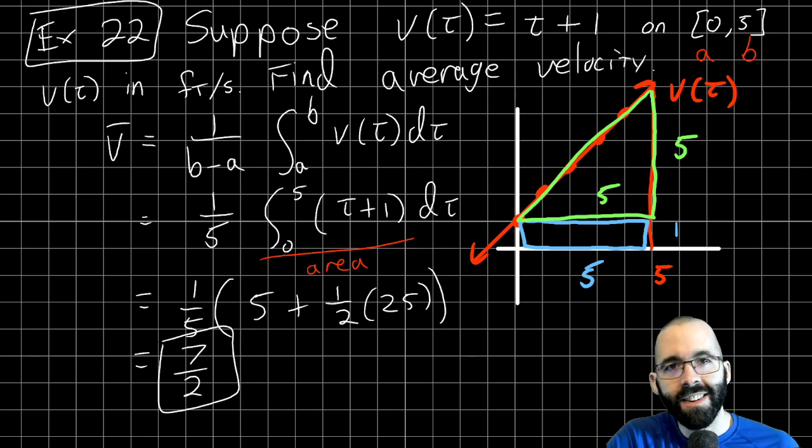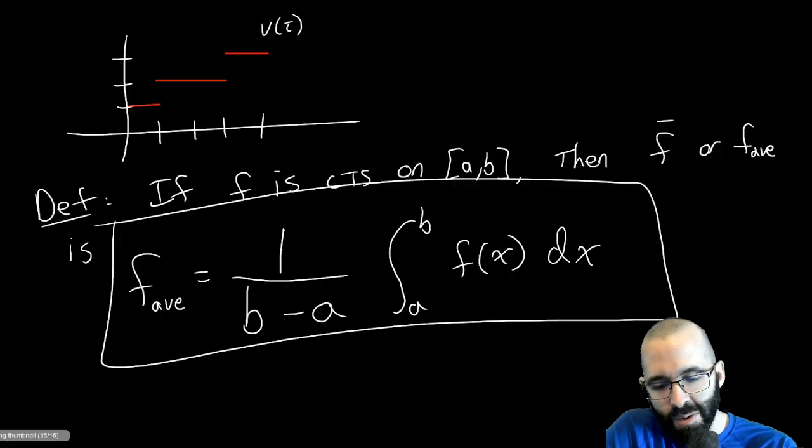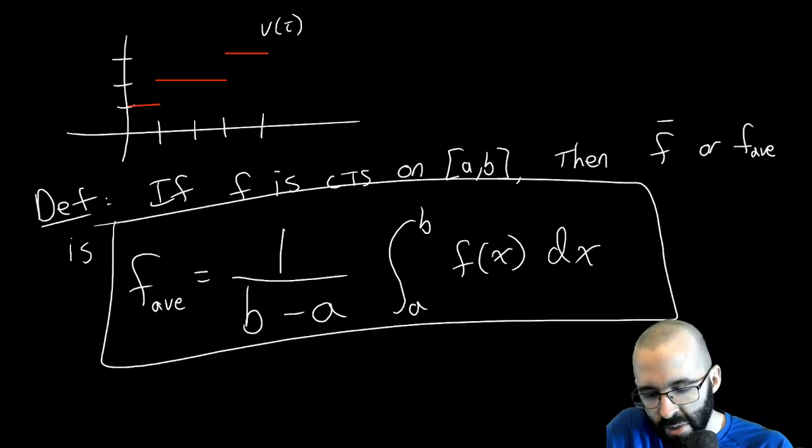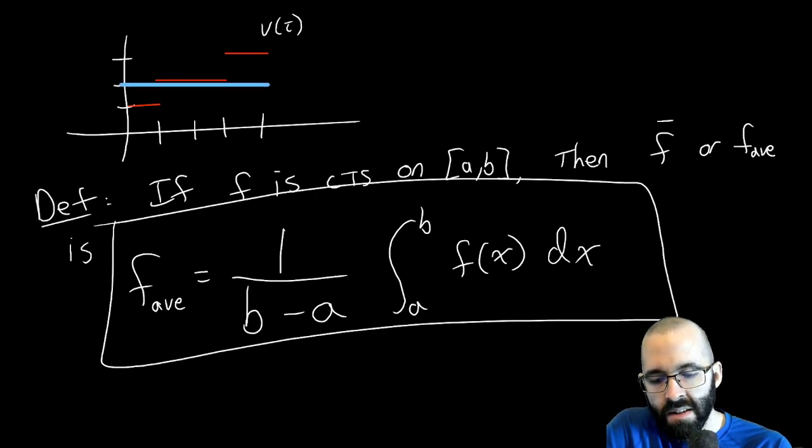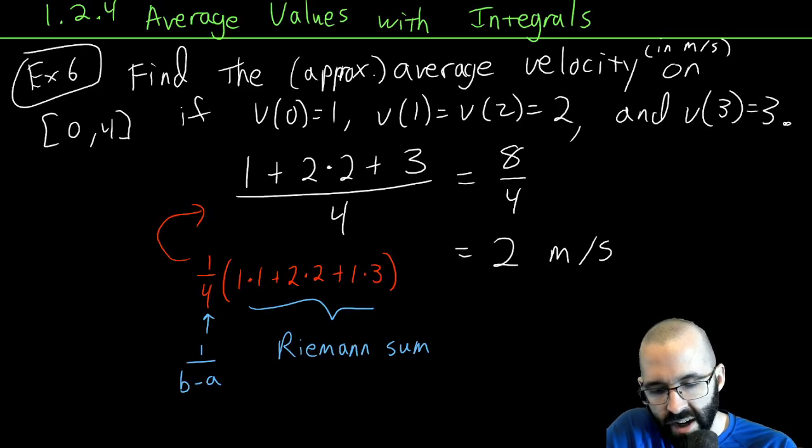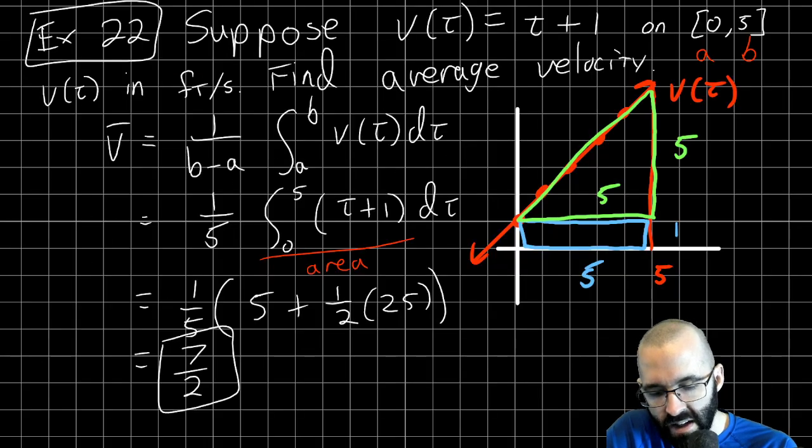Let's check our answer. We didn't do this before. Before, we said the average velocity was 2. Does it look like this blue line is about the average? Yeah, I think so. There's the same amount of the function above it as below it. All right, I think that's the only one we did. Well, let's do it here. 7 halves, that's 3.5.